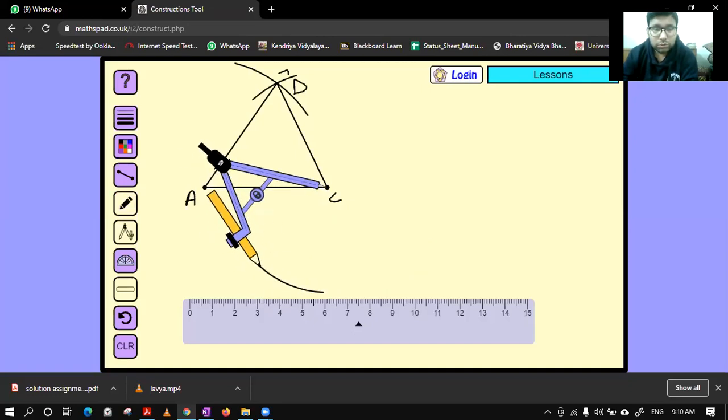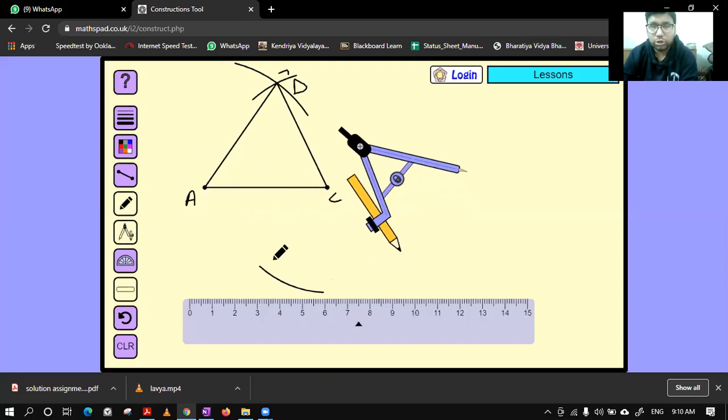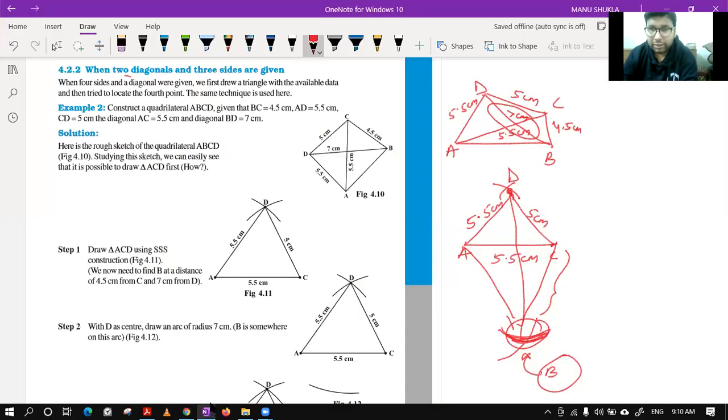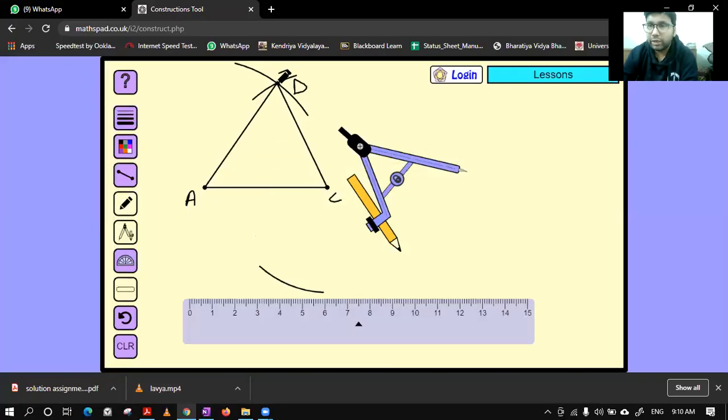Now, after getting this, we had to cut one more arc. Now I told you this is the arc for point B, but we cannot locate the exact position of B because we don't know AB. For that, we have the value of DB. In this example, they are saying that the length of BD is 7 centimeter. So we can cut an arc from D point of 7 centimeter to cut this arc.